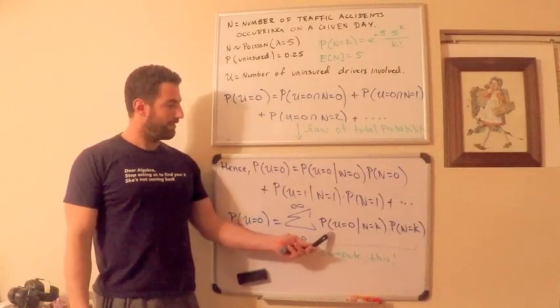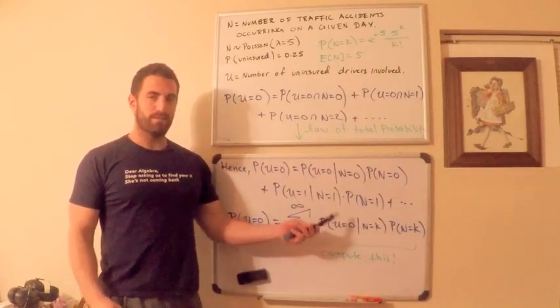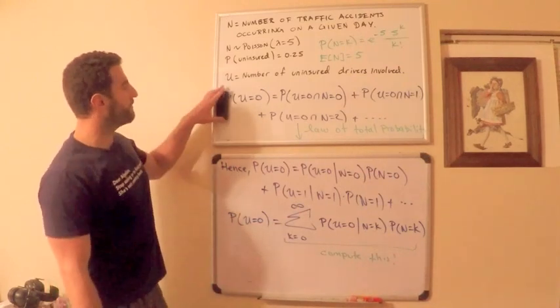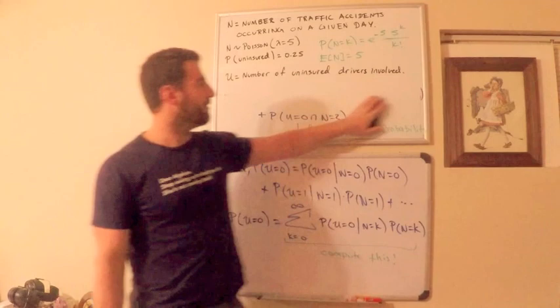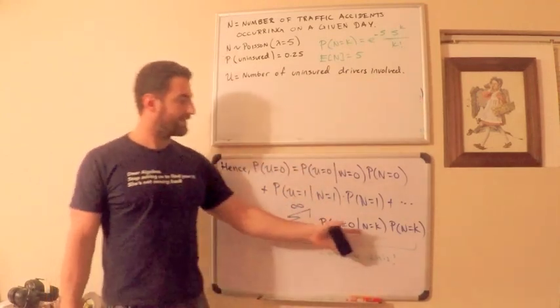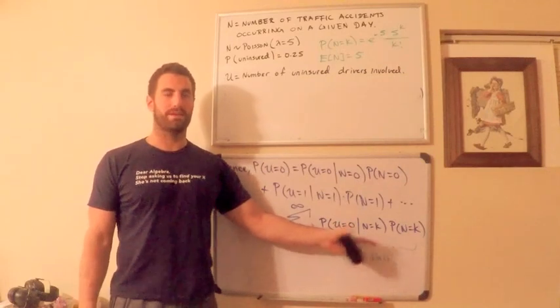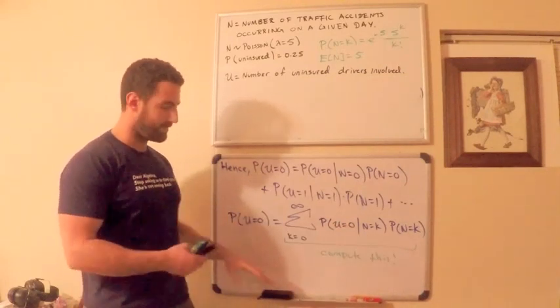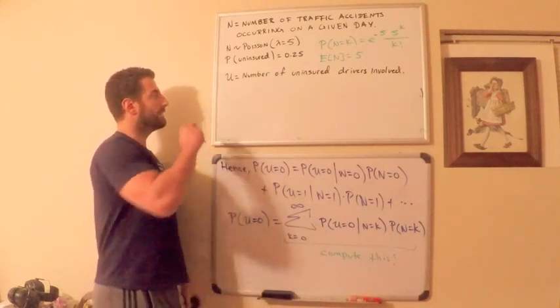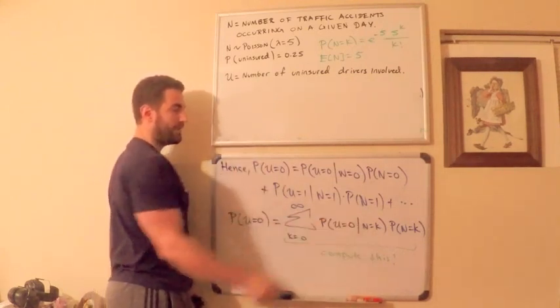The probability that the number of uninsured drivers involved is 0, given that the number of accidents occurring on the day is k. Let's just take this step by step. As I usually do, I just go through the cases here. What if n is 0?